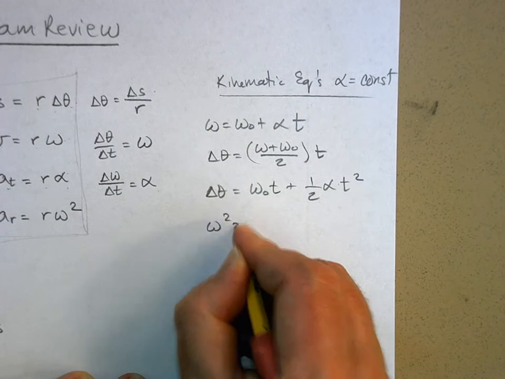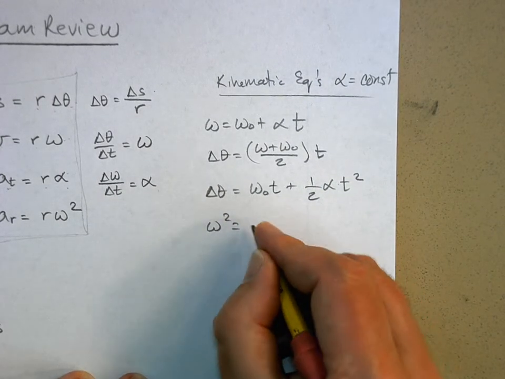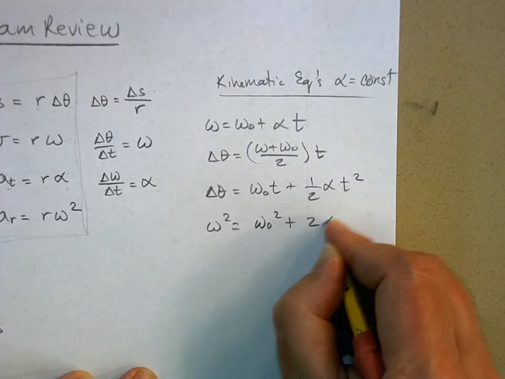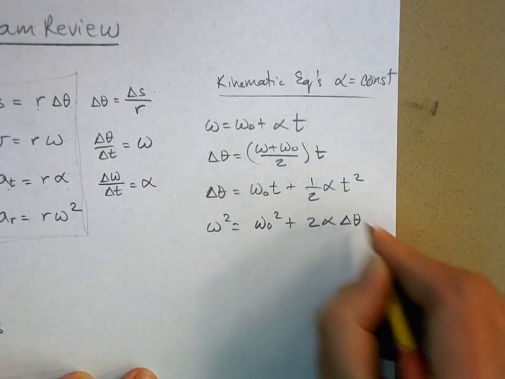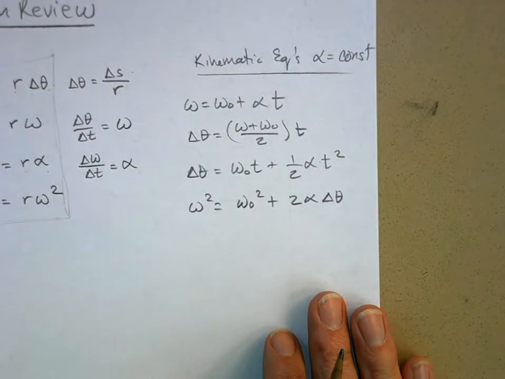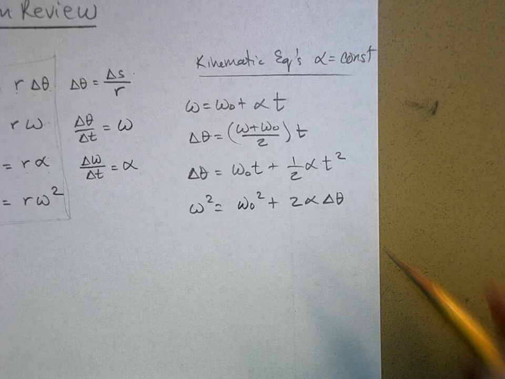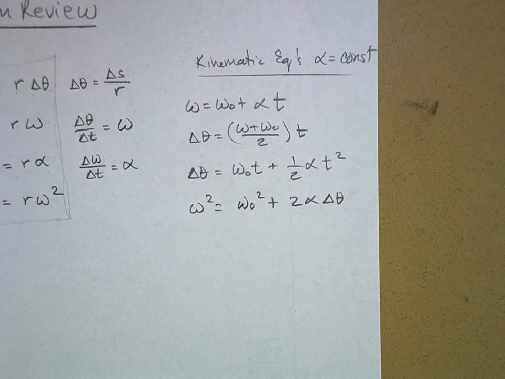And then the final angular velocity squared is equal to the initial angular velocity squared plus twice the angular acceleration times the change in angle. And these are the kinematic equations for rotational motion, and they only work when the angular acceleration is a constant.